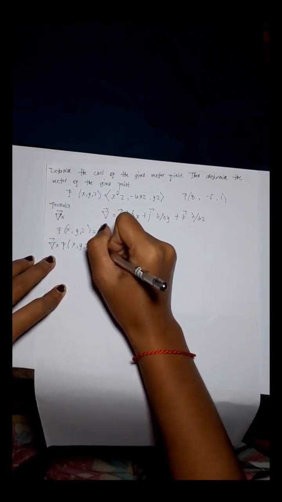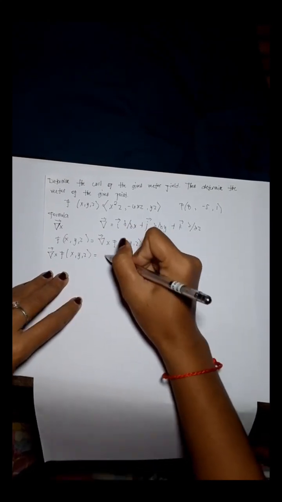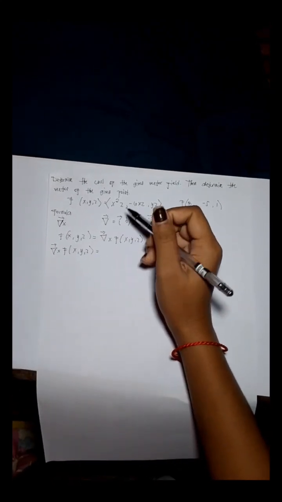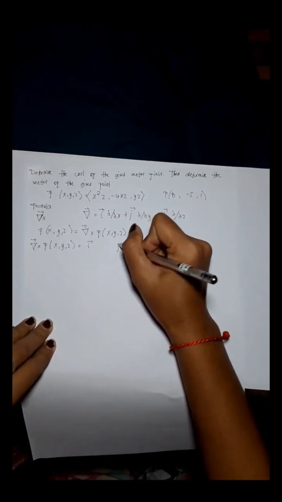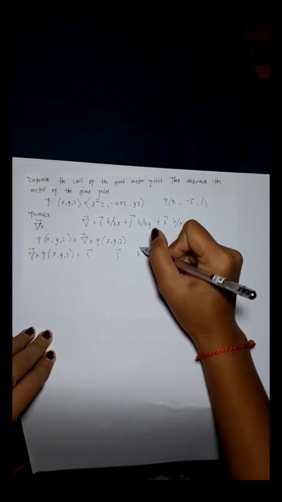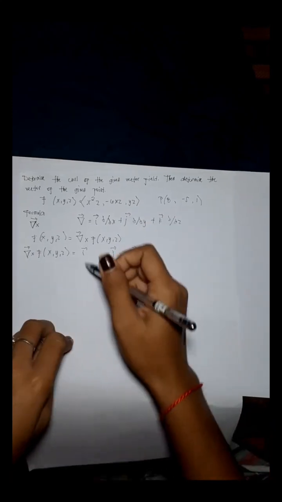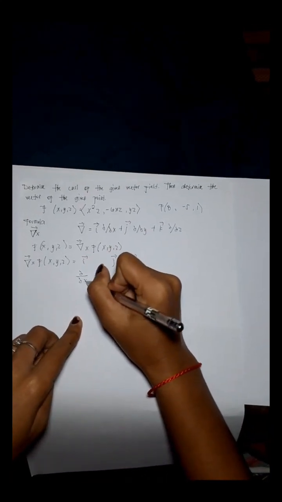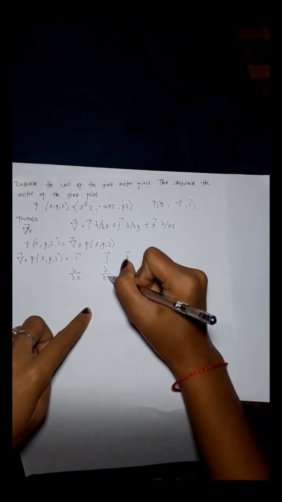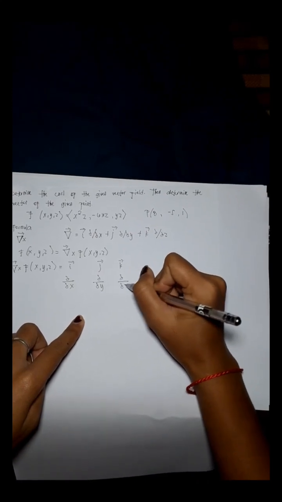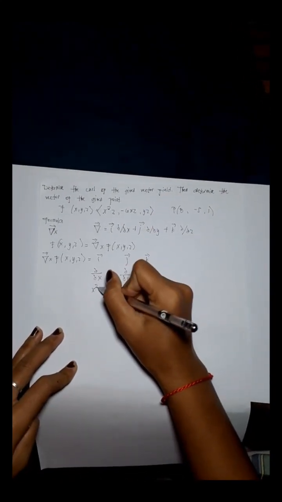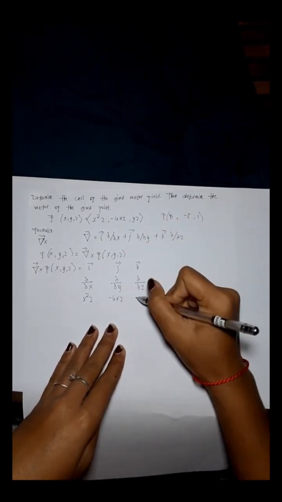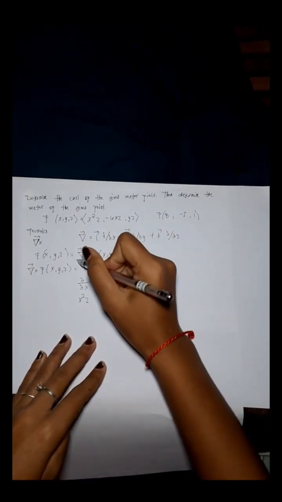We will use our i hat, j hat, and k hat: partial over partial x, partial over partial y, partial over partial z, and our function is x squared z, negative 6xz, and yz.